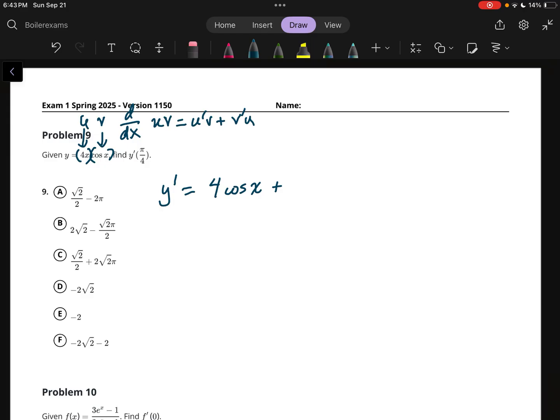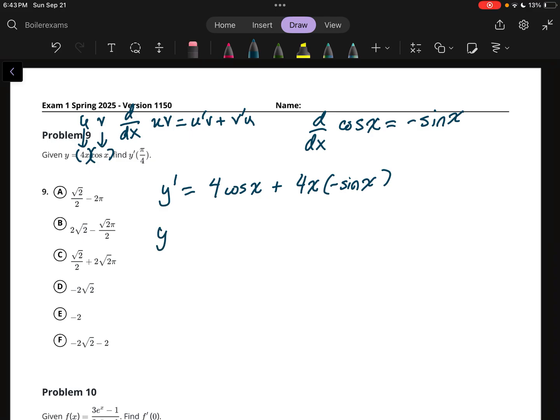So u stays the same, so 4x will be 4x still, and we need to find the derivative of cosine x. And we can do this using our basic trig rules, and the derivative of that is negative sine x. That's just something that you have to memorize.